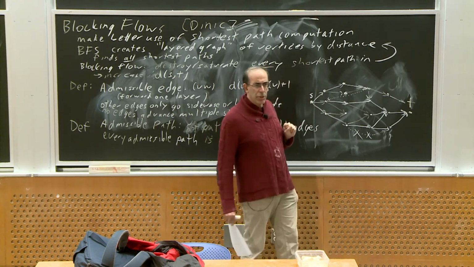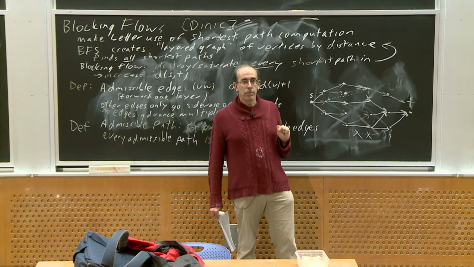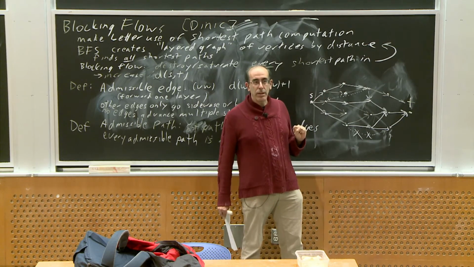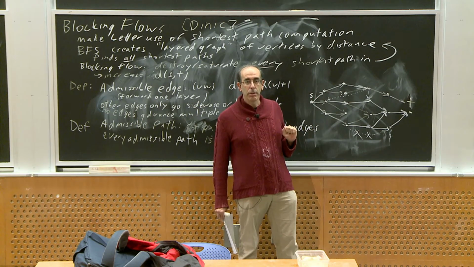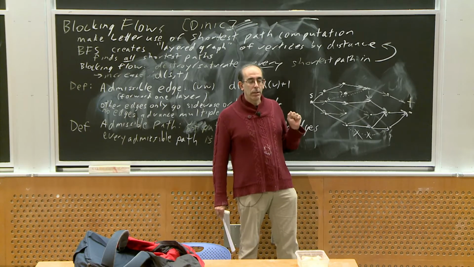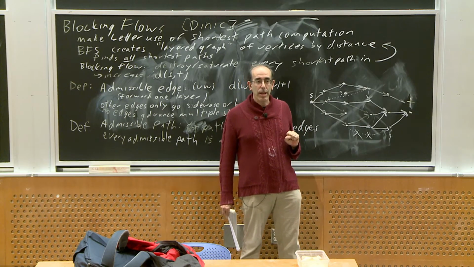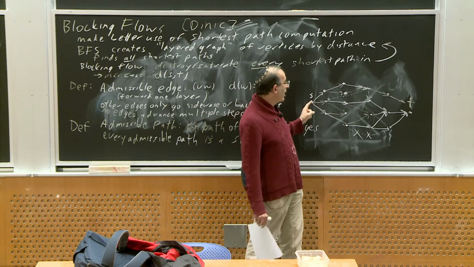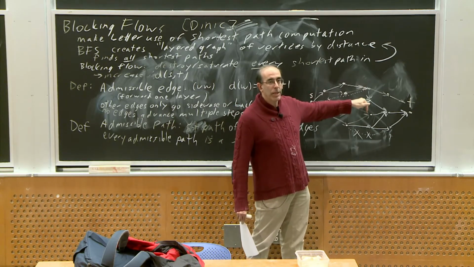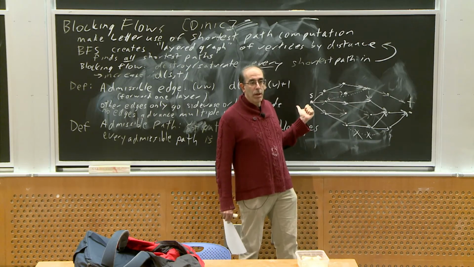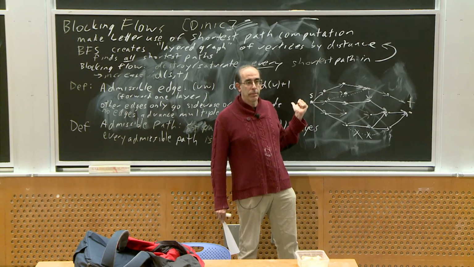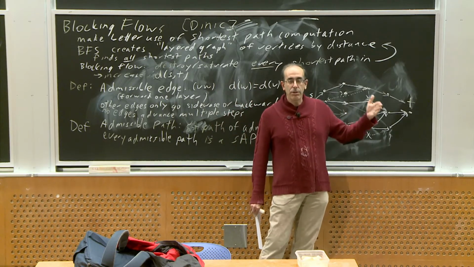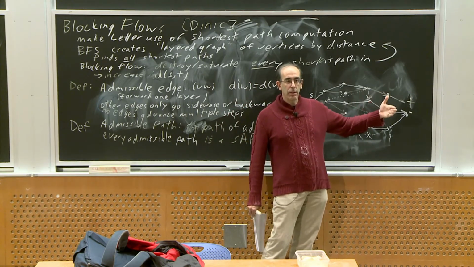Now, suppose that there was a shortest augmenting path that wasn't admissible. What would that mean? Well, that would mean that it is a path that uses a non-admissible edge. Can that be a shortest augmenting path? Okay. If I have any path that uses a sideways edge or a backwards edge, that path is wasting time, right? Each edge that you traverse in the admissible paths takes you one step closer to the sink, right?